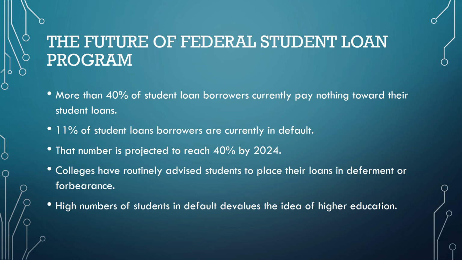We are now approaching the time when most students who have been in deferment or forbearance for quite a long time are now going to be forced to set up some sort of plan and begin repaying their loans. It is projected that this will not happen, which is why data suggests 40% of student borrowers will be in default by 2024.